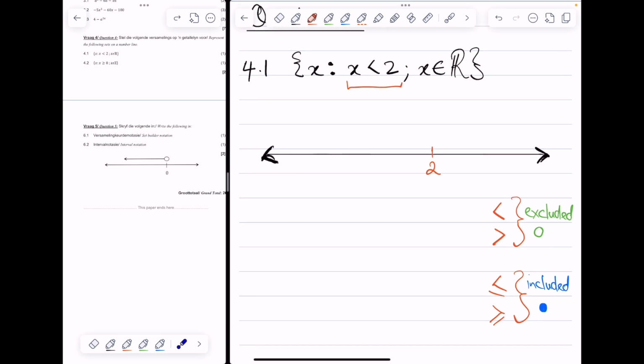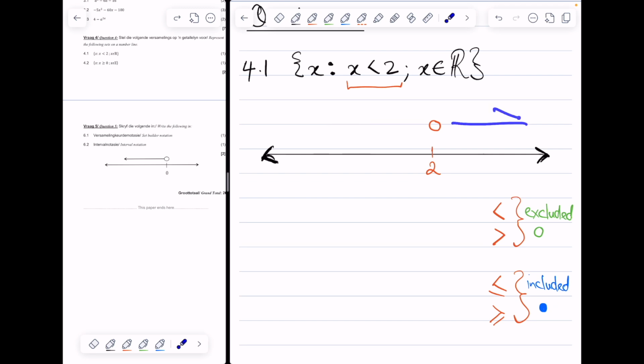If I look at my restriction, it has a less than sign, so it's excluded. In other words, I'm going to use an open circle over there. Now, some of you forgot about direction and read this incorrectly. x is less than 2 means to the left of 2, not to the right of 2.